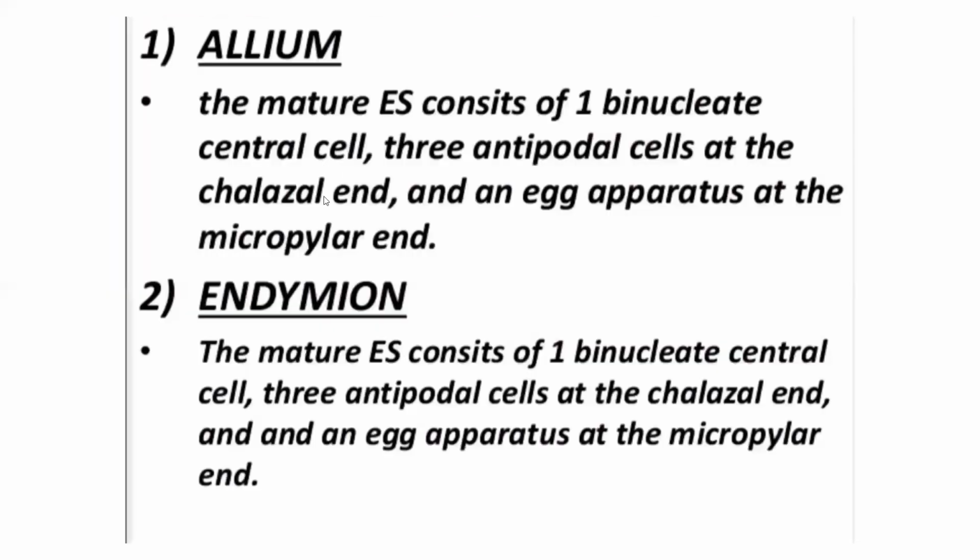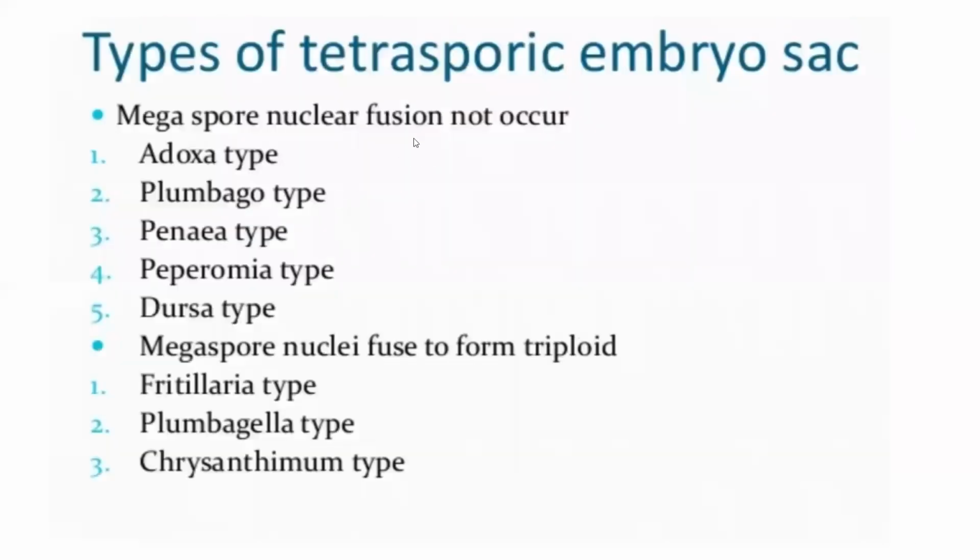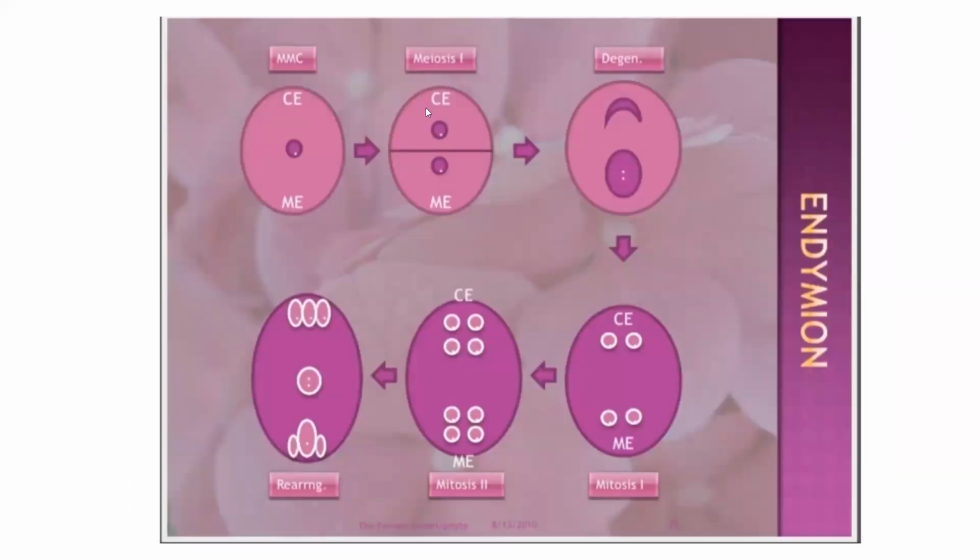This is the megaspore mother cell. It will undergo the first meiotic division, 2 cells are formed. That is the dyad stage. The lower one, the chalazal dyad cell, becomes functional and the remaining micropylar dyad degenerates.